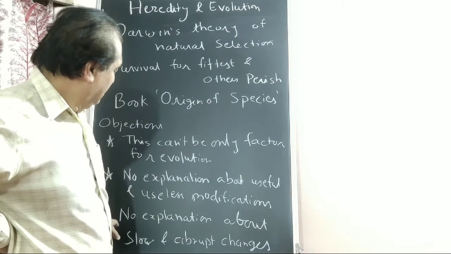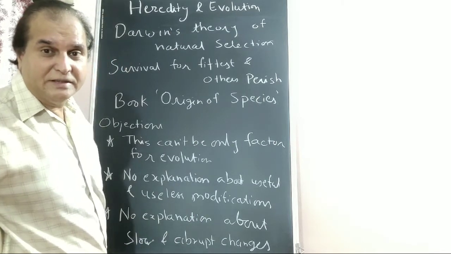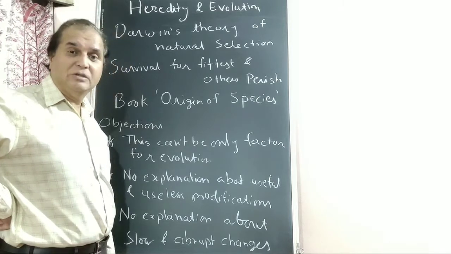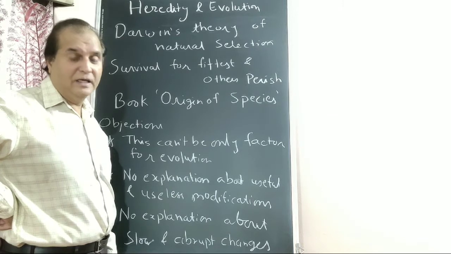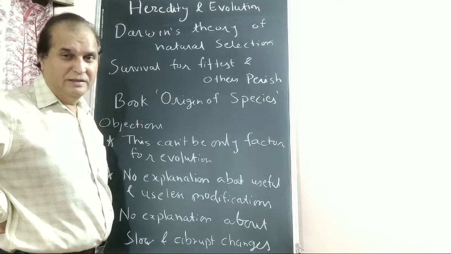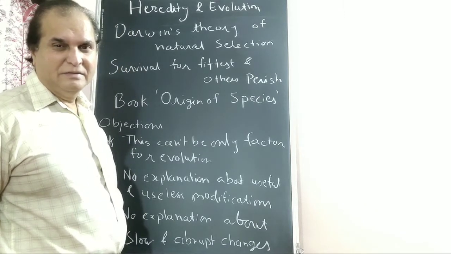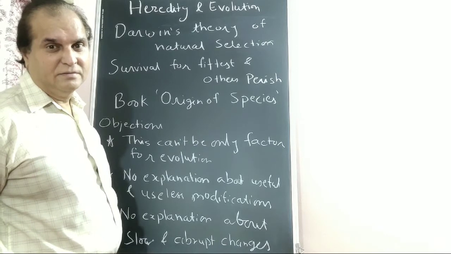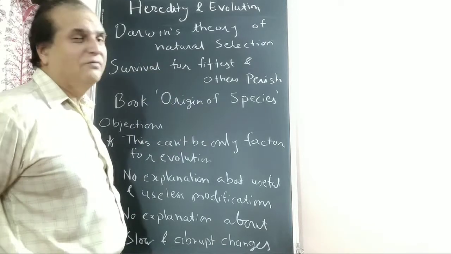Also, no explanation about slow and abrupt changes. Some changes were very slow, some were abrupt, but he didn't write anything about that. But his theory was great. It was a landmark. Darwin's theory of evolution was also a landmark.